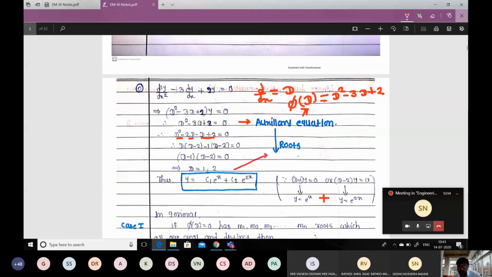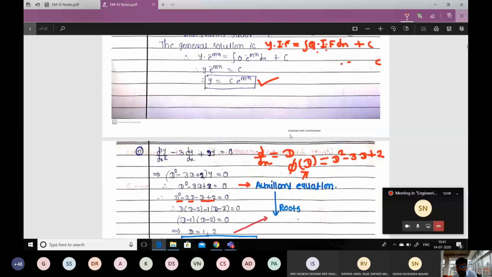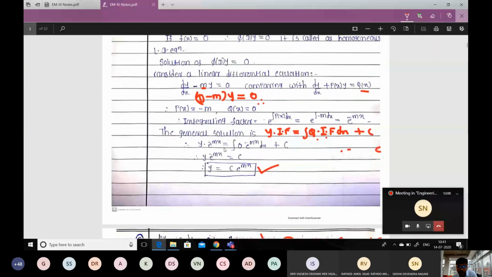Corresponding to D minus 1 y equal to 0, according to the last example, directly we can write the solution in terms of exponential and observe the relation between the root and that exponential term. Here the root of that factor is m. If we compare with 0, obviously D equal to m you are going to get. So we can see y is equal to arbitrary constant c times e to the power m times x.